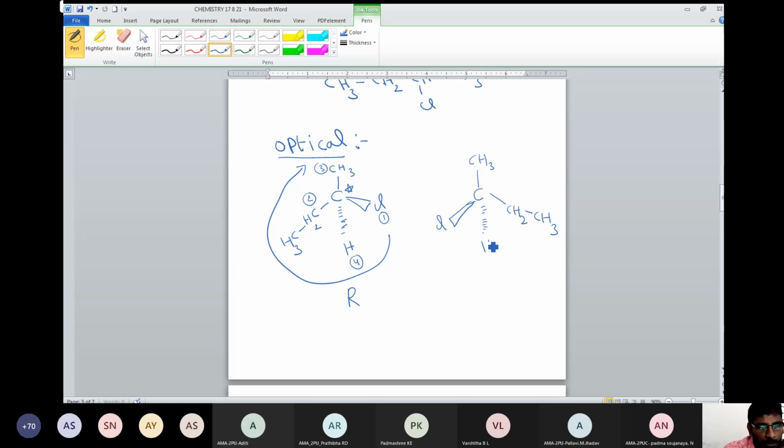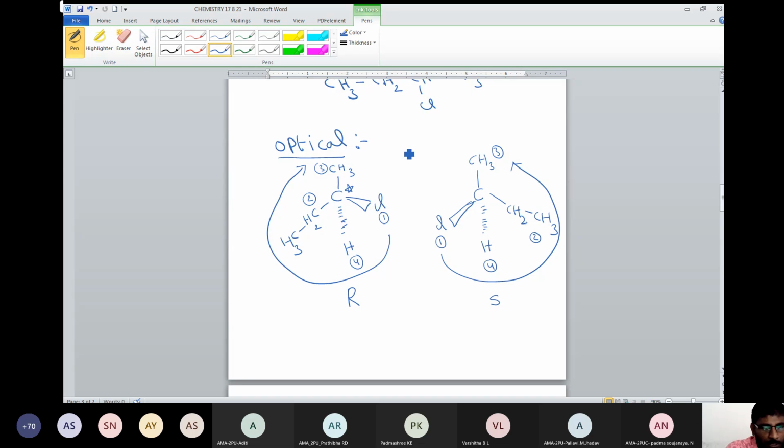So again when we are writing configuration, highest atomic number will be chlorine, second will be this group, third will be methyl group, fourth will be hydrogen. Observation is from 1 to 2, 2 to 3. So what is this direction? Clockwise or anti-clockwise? It is anti-clockwise. Anti-clockwise means S isomer.